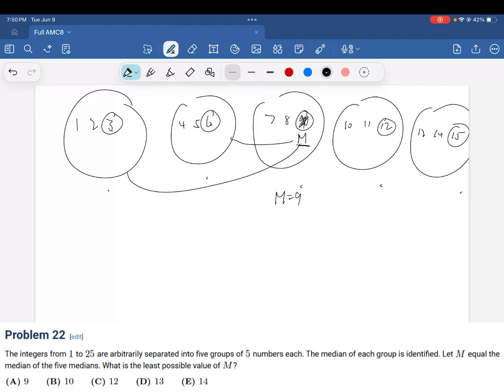And also must be bigger than these two, because it's a median of its own set. So this proves that M must be at least 9, because it's for sure bigger than 1, 2, 3, 4, 5, 6, 7, 8. And the 9th smallest integer is obviously 9. So the answer is A, 9.